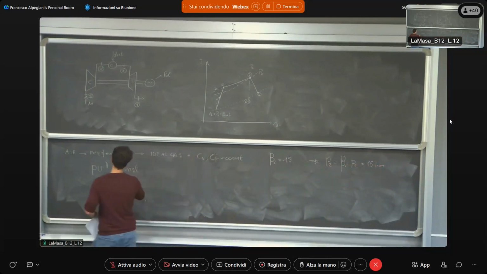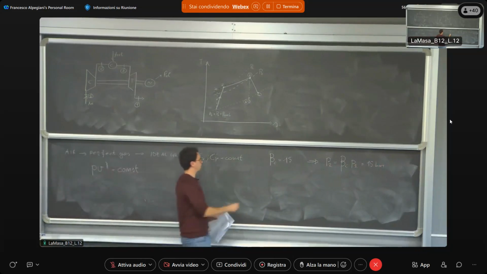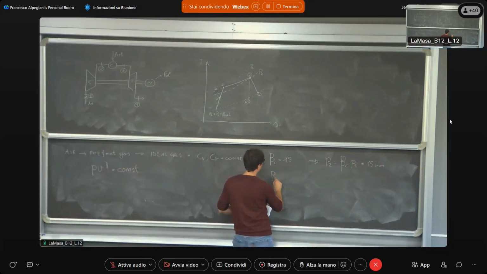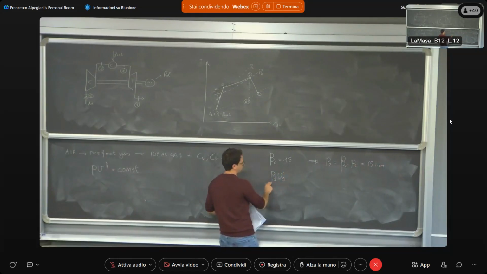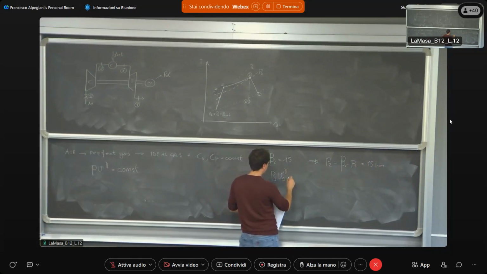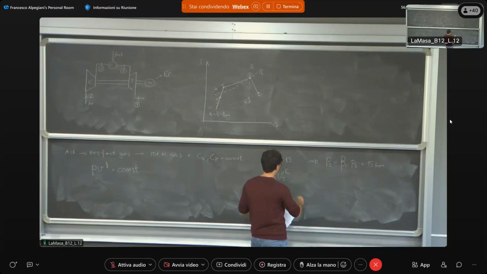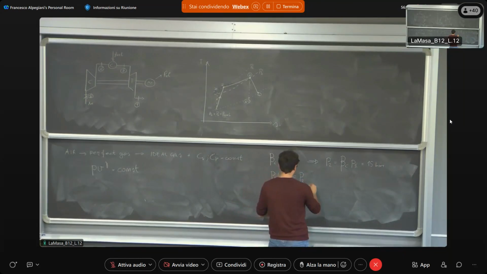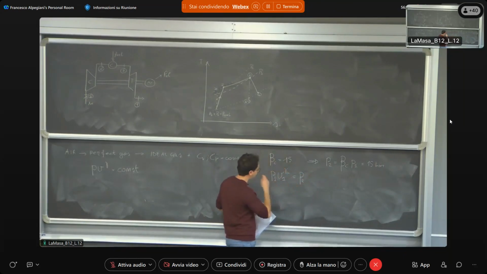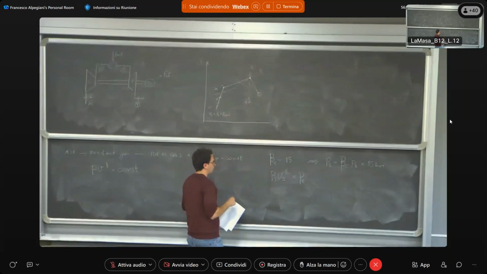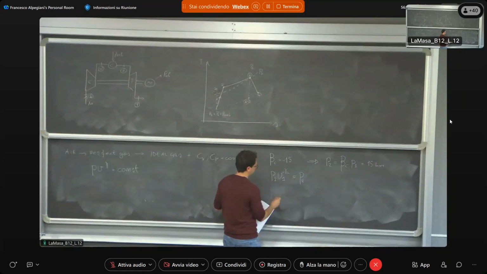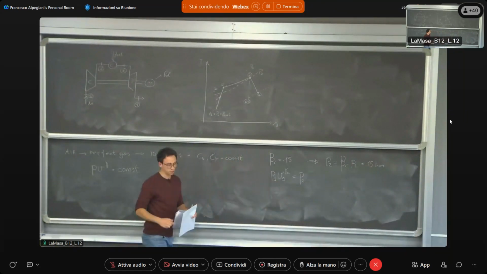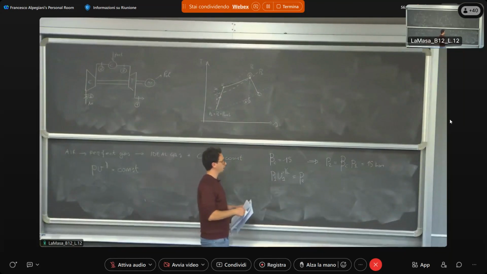Then we have this relation that is valid, so we can write that P1 times the specific volume in the point number 1 to the power of gamma of the air, because we are treating air in the compressor, is equal to P2 times... we want to essentially exploit the isentropic efficiency to derive then the outlet condition of the compressor.